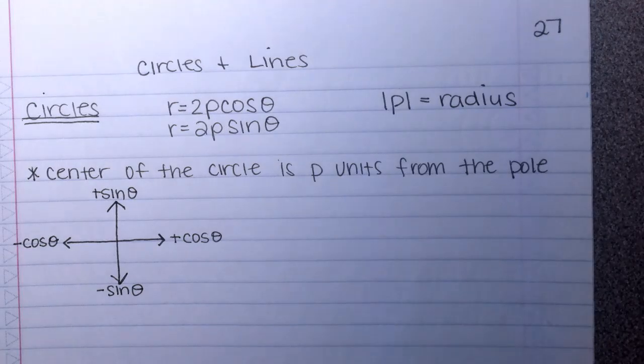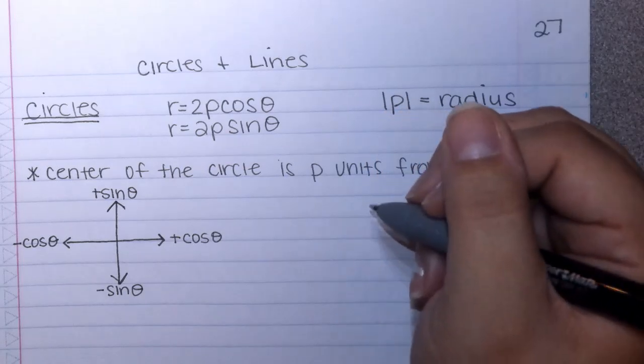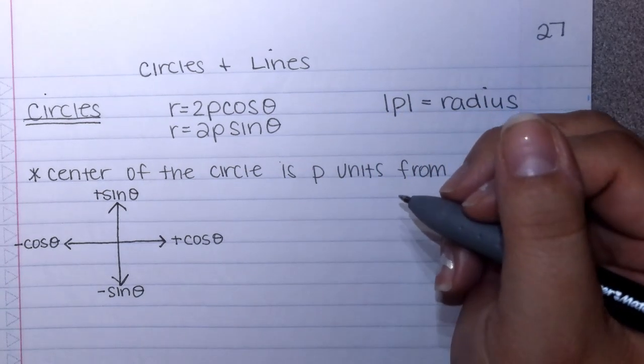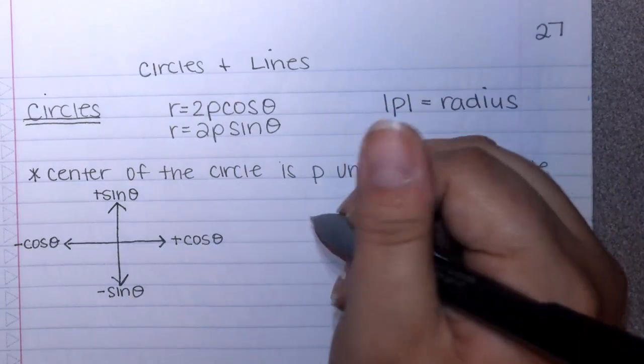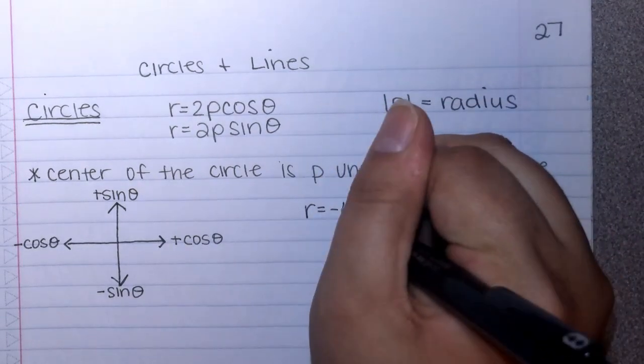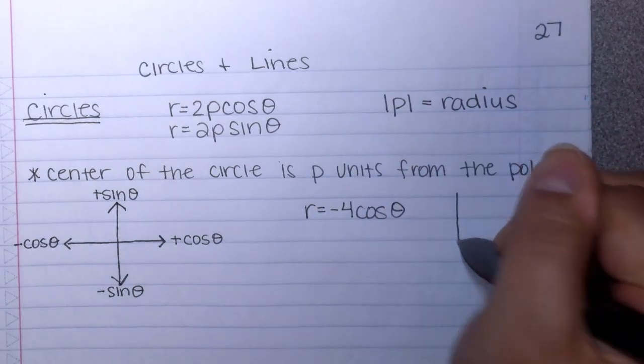I didn't do this with first period, but I'm going to do this real quick. Let's say, if I have R equals negative 4 cosine of theta, how would I graph that?